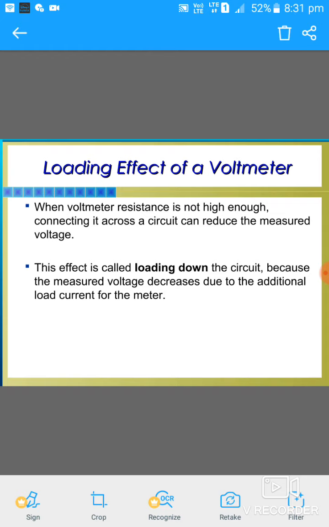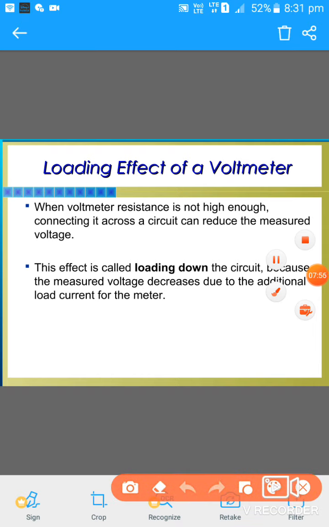When the voltmeter resistance is not high enough, connecting it across a circuit can reduce the measured voltage. This effect is called loading down or loading the circuit, because the measured value decreases due to the additional load of the meter.